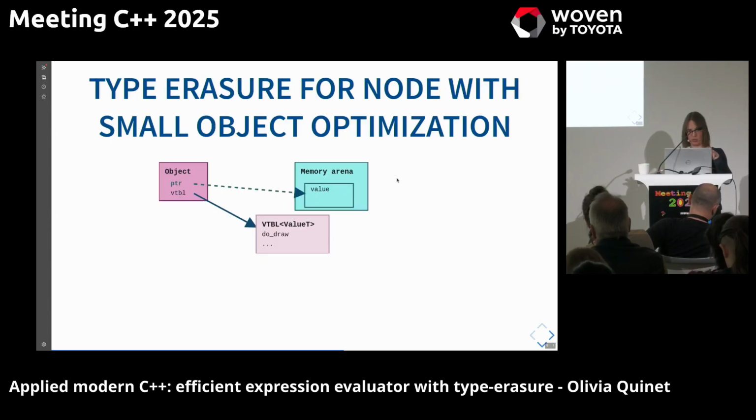For example, the memory arena is managed by the parser. So when the parser goes out of scope, the memory arena is erased and all the values are erased. It's fine as long as you keep the parser, and usually that's quite easy to do.